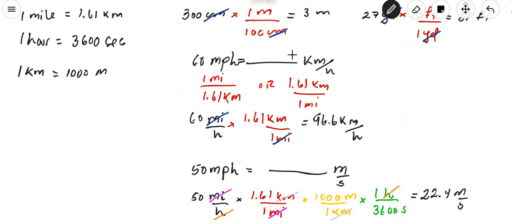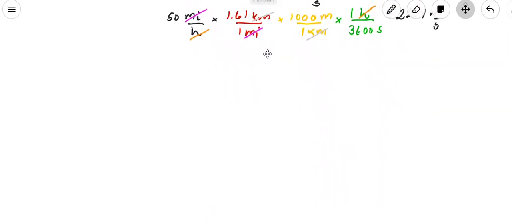Now, one big problem is when we are converting units of area. So I want to give you one example of how we convert units of area. Suppose that you want to convert.